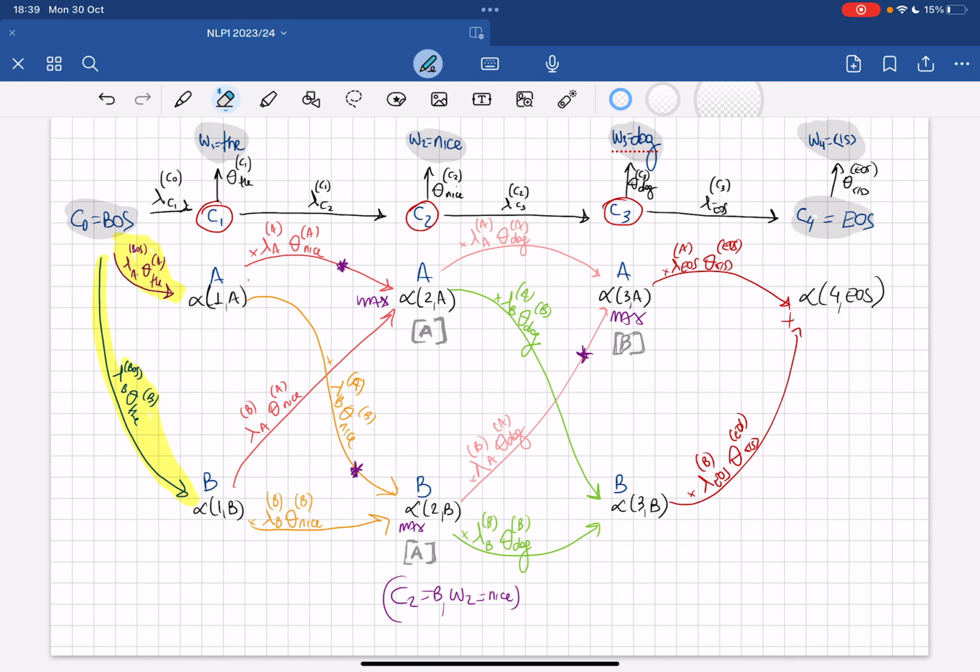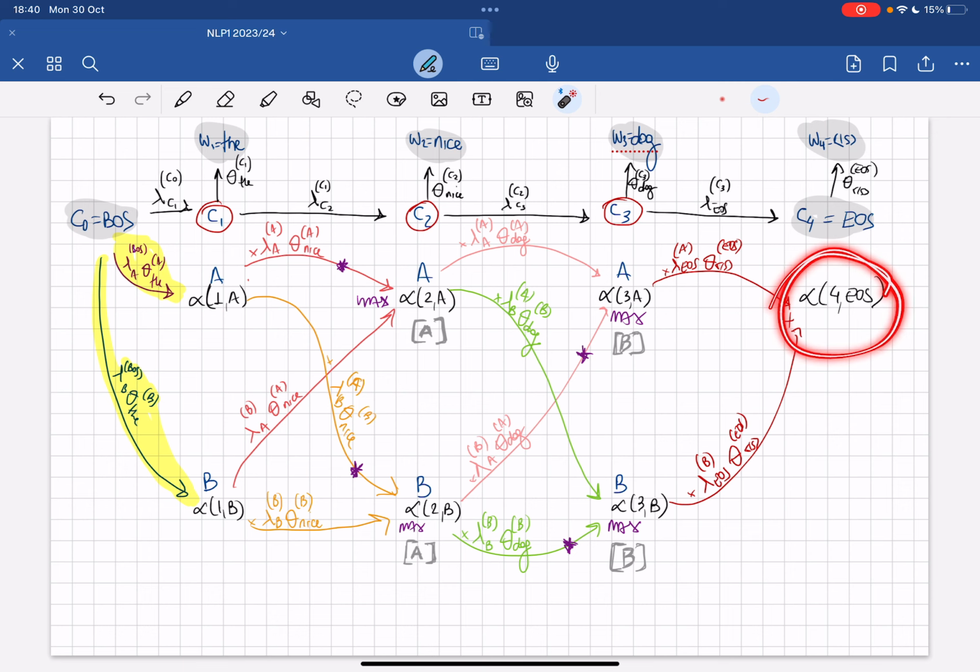And again, we maximize our choice. Let's pretend that numerically this is the edge that has the highest probability of the two. So I'm going to leave a trace that I better come from a sequence that ended in C2b.